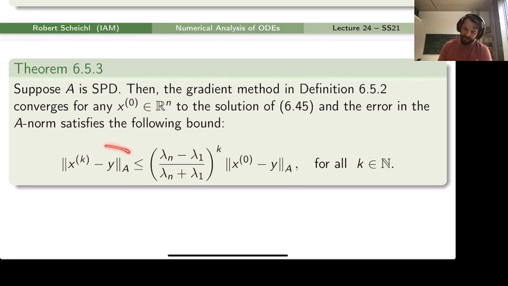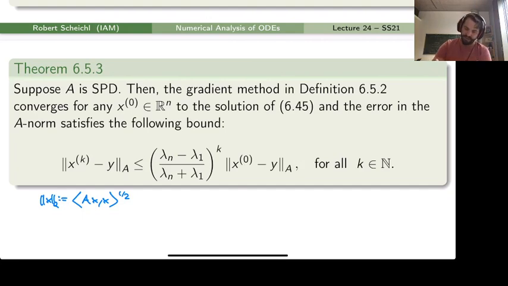in the A norm, recall the A norm was simply the square root of Ax with x, is bounded by the largest eigenvalue lambda_n of A minus the smallest eigenvalue lambda_1 divided by the sum of the two, to the power k, times the initial error x_0 minus y.